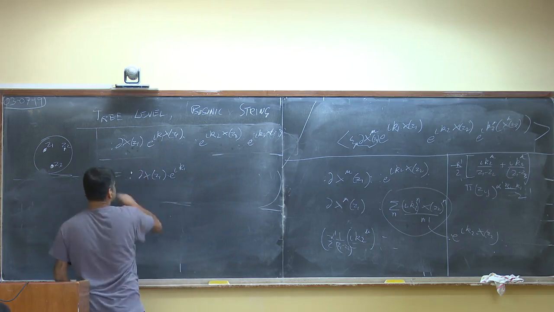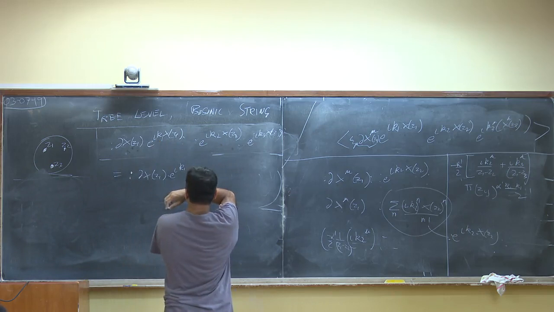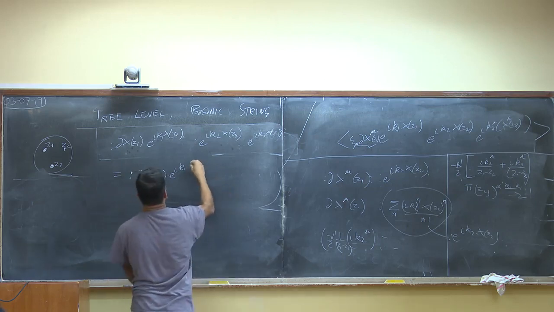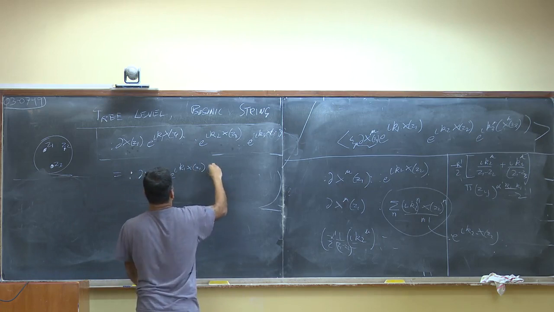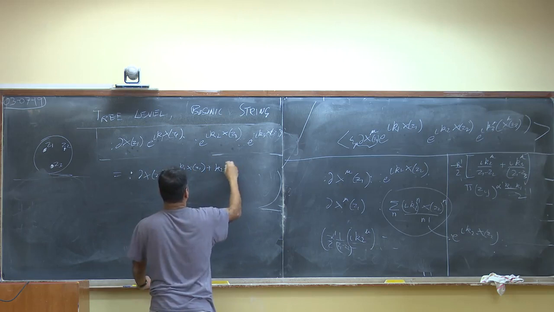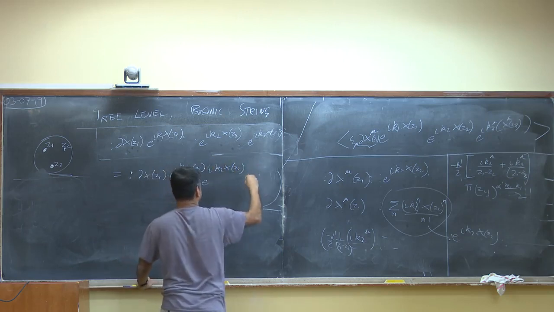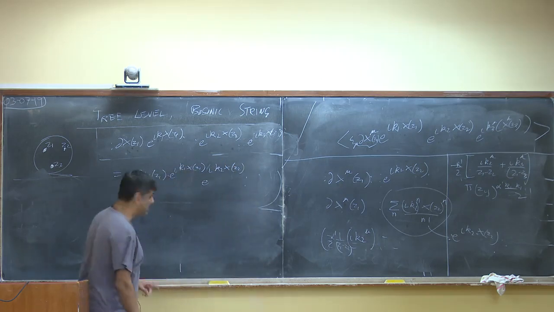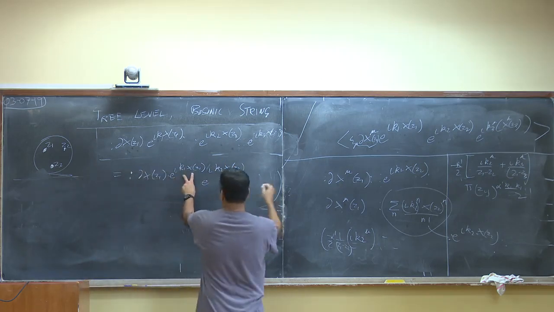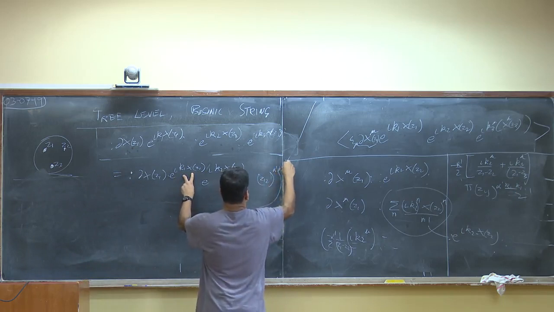So we will have the normal ordered of this, e to the power i k1 x of z1 plus k2 x of z2, and at this stage times this factor, z12 to the power alpha prime k1 dot k2 by 2.